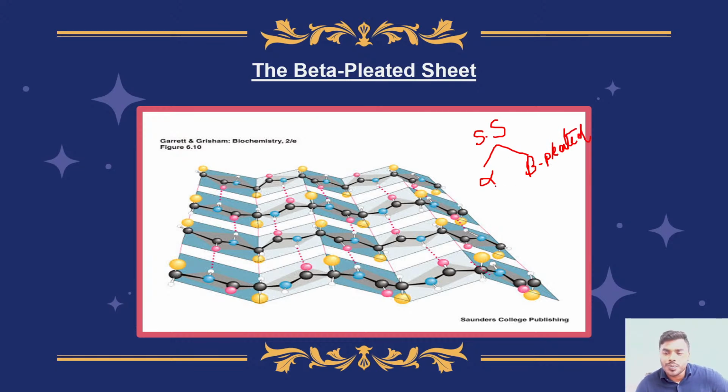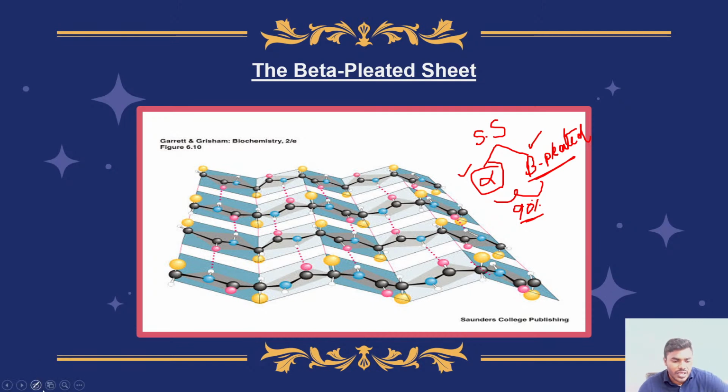Now what I want you people to remember, we studied the alpha helix and beta pleated. What is the statement I have given to all of you? 90% of the proteins in their secondary structures contain alpha helix as well as beta pleated structures also. Please do not get confused with that.